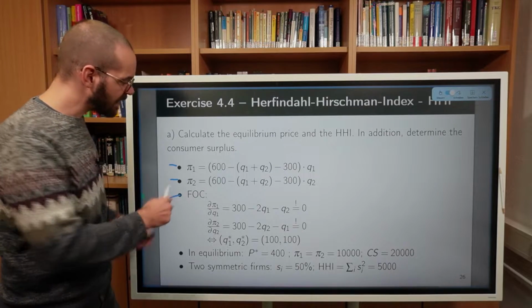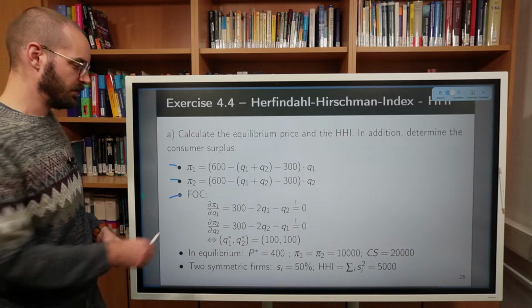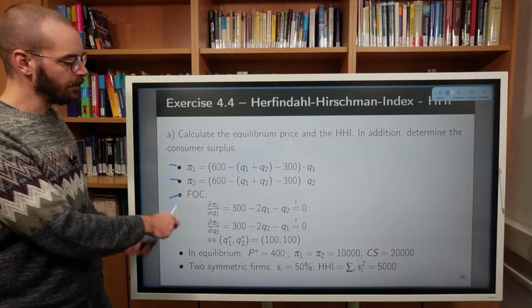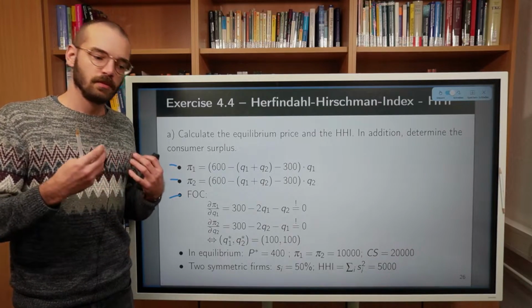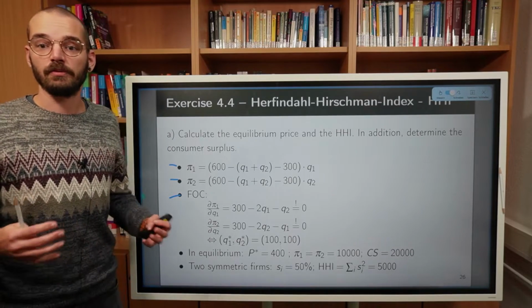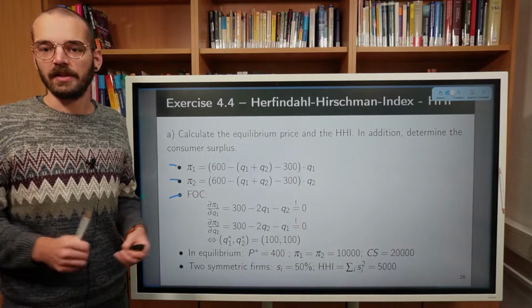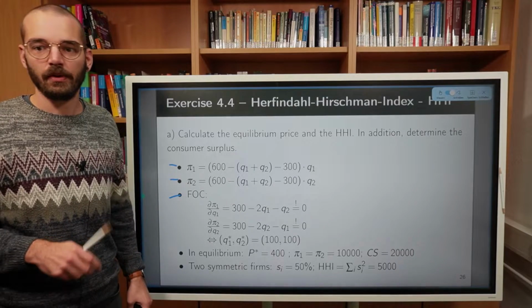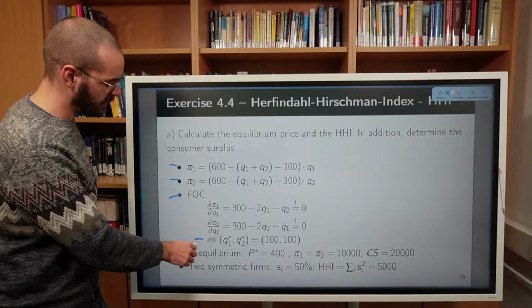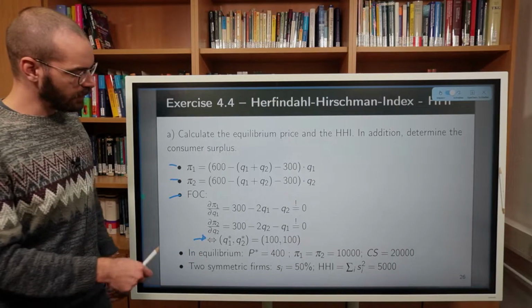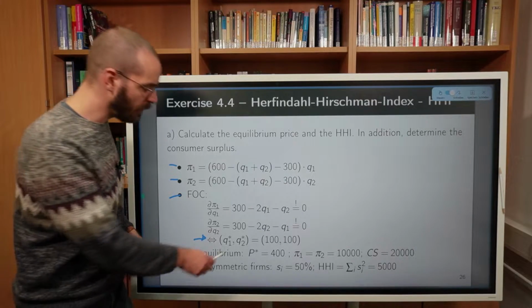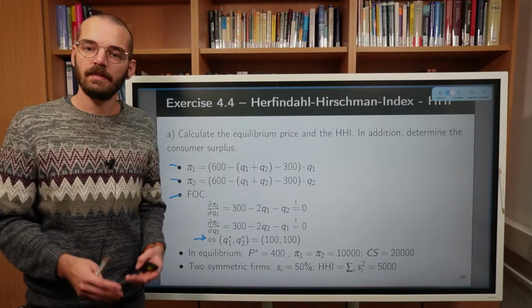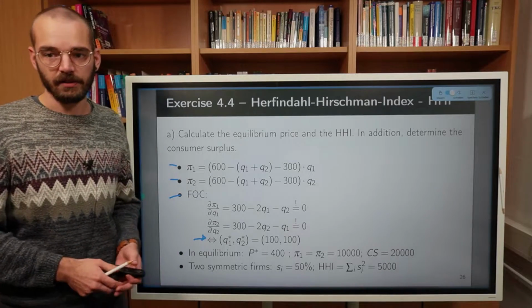We then maximize the profit function of both firms, state the first order conditions, and then by solving this equation system, where we have one profit maximizing condition for each firm, we can find out that in the market equilibrium, both firms produce the same exact quantity of 100.